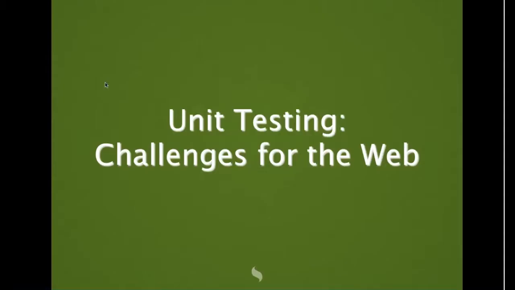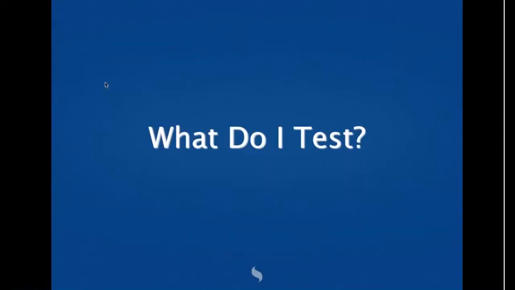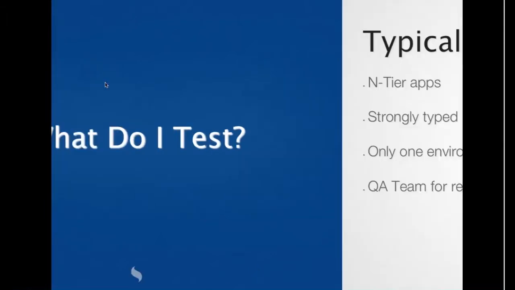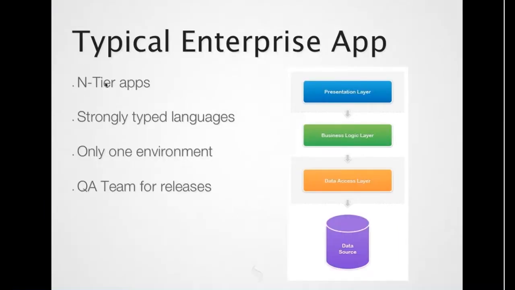Let's talk about some challenges that web developers often face when writing unit tests. One of the first questions I always get when talking to clients about unit tests is, what do I test? And in order to answer this, let's take a step back and look at the architecture of a typical enterprise application. So enterprise apps are usually composed of many tiers, and these tiers help to separate the responsibilities of our code.